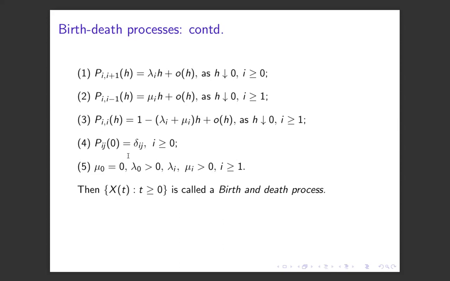So if the process is at 0, you cannot go to the left. Otherwise, you assume that all the lambda i's and mu i's are strictly positive. Of course, this is a simplifying assumption. You can consider cases where this is not true, but that is going to be more of a nuisance.